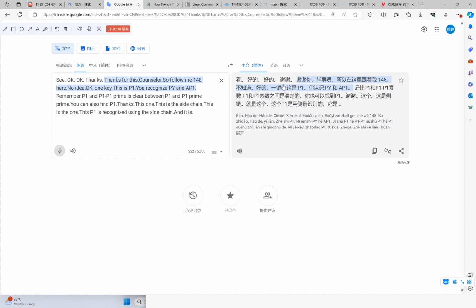The backbone, so if the only one, the side chain is recognized. So this enzyme can only cleave between glutamic acid and serine.